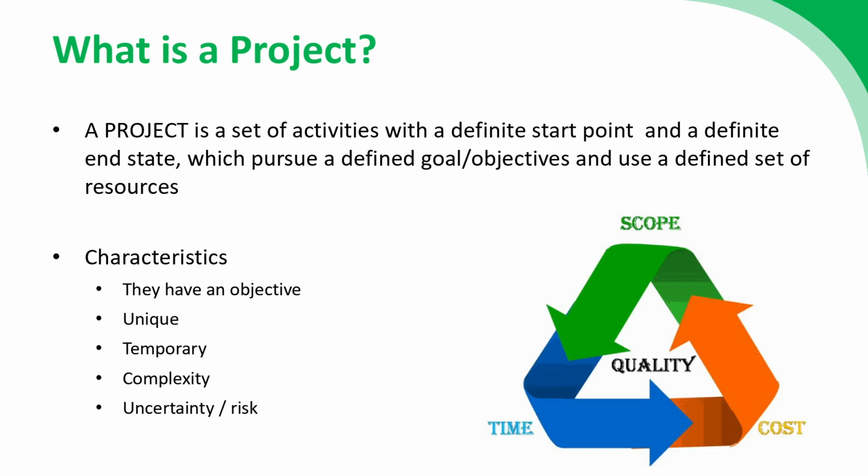Unlike an operation, which can have a shifting set of resources depending on the immediate need or what cycle the operation is in, projects will tend to use a particular defined set of resources, and part of the success of a project is whether it's able to meet its defined objectives, whether time objectives or quality objectives, using that particular set of defined resources.